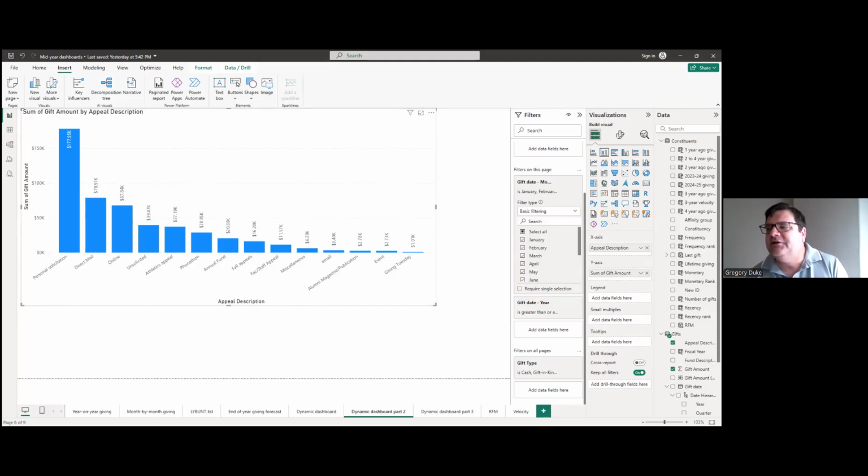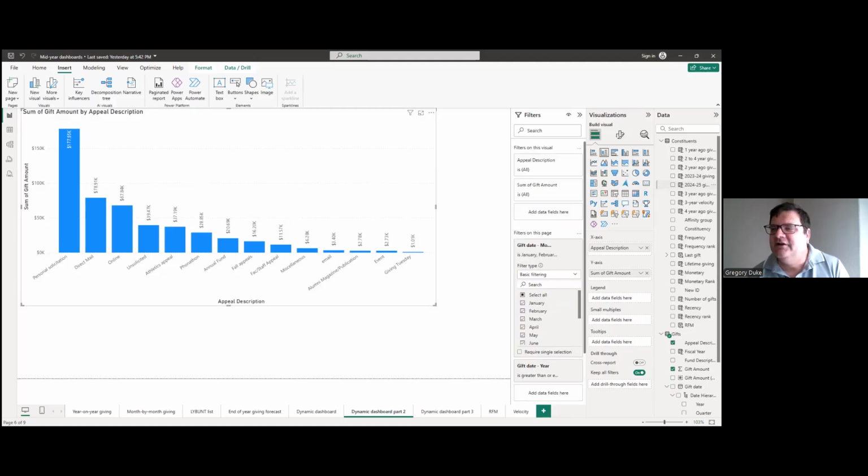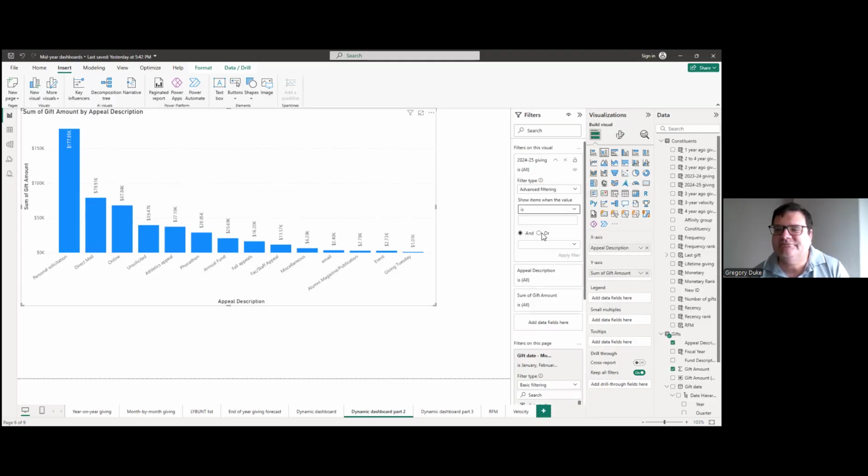But we could also filter this by LIBUNs by saying, okay, our giving this year is going to be 0. Apply that filter, and then our giving for last year is greater than 0.